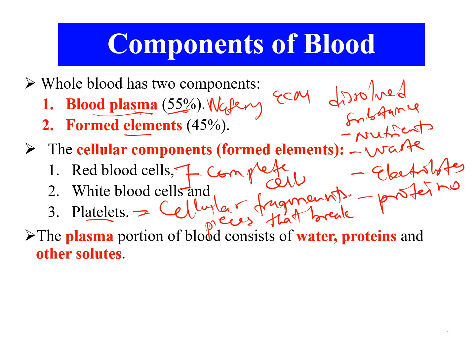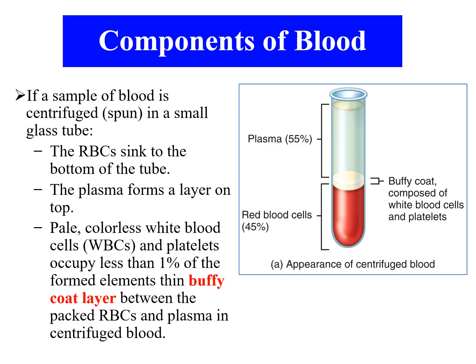These components of blood can best be visualized when we get a blood sample and put that blood sample in a small glass tube. Then we spin this glass tube and allow it to settle. What will happen is that the red blood cells, which are very dense, are going to settle at the bottom, and the plasma, which is less dense, is going to settle on top.